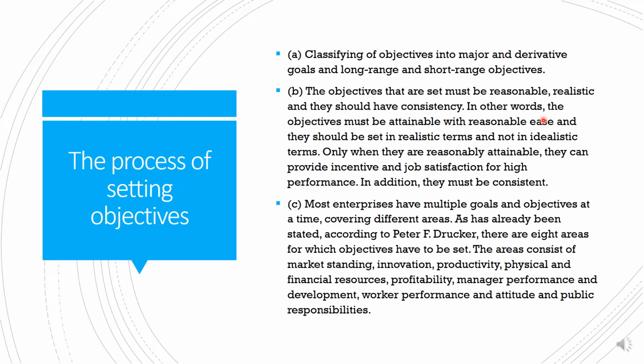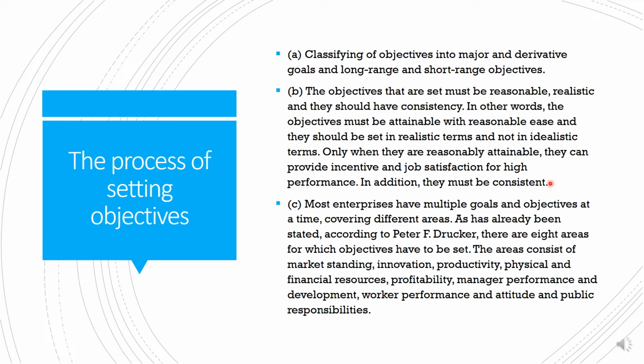In other words, the objectives must be attainable with reasonable ease, and they should be set in a realistic environment and not in idealistic terms. Ideally, one can work a lot and get 4-5 stores opened, but realistically it is not possible for him without getting some external help. So only when they are reasonably attainable can they provide incentive and job satisfaction for higher performance.